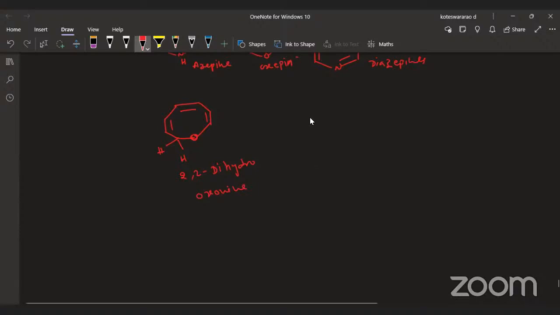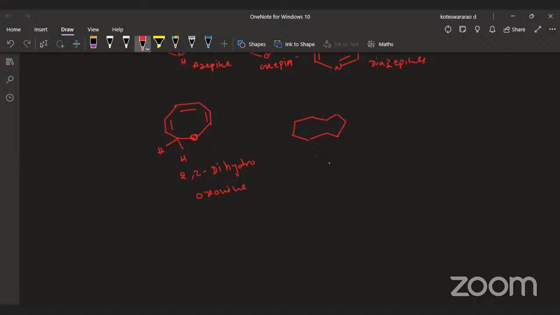You can write a 10-member ring just like this. Here I'm considering this a 9-member ring.